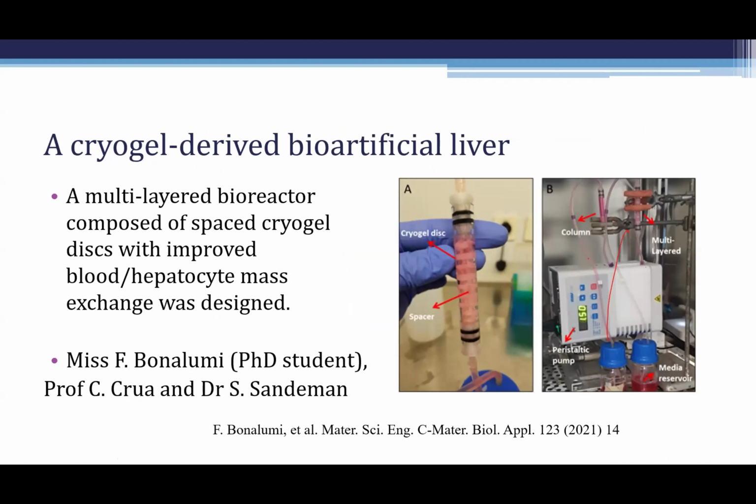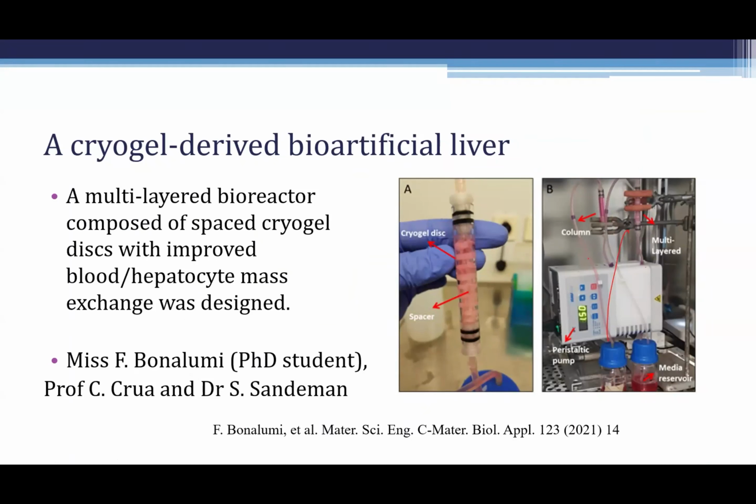In another approach, the cryogels have been used as bioreactors, and as we say, bioreactors are materials which can hold and contain the cells and then maintain their physiological activities. In this research by our PhD student Banalumi, she has been looking at a bioreactor to be used as a bioartificial liver.